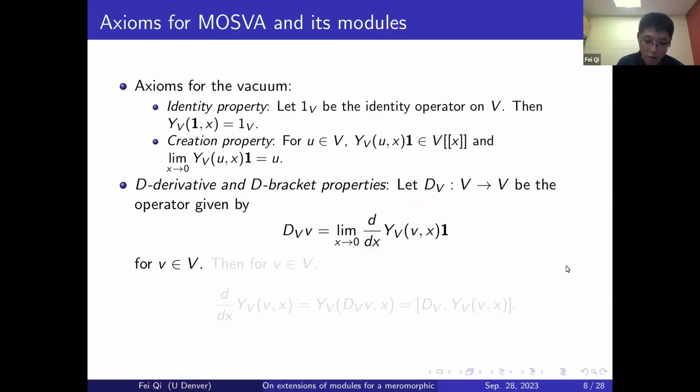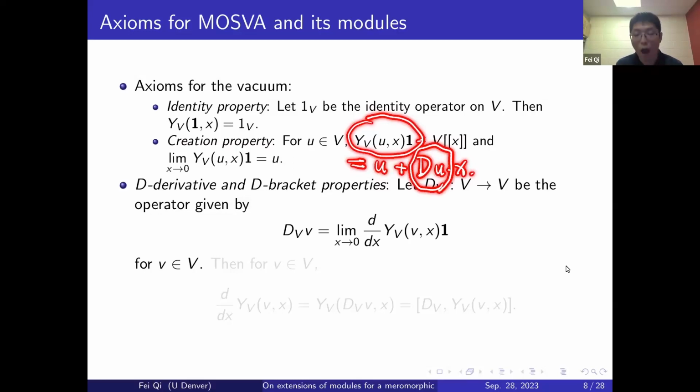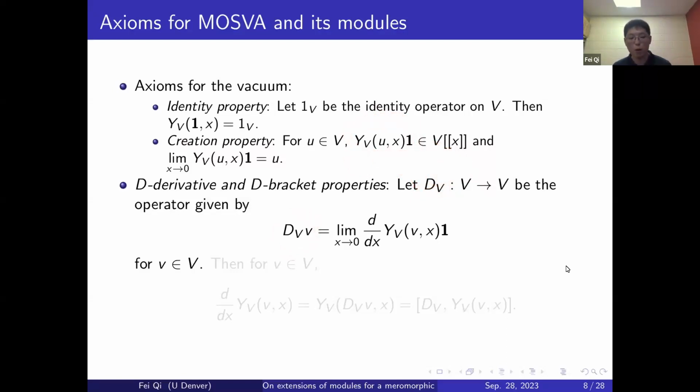If you expand this power series out, the first term is certainly going to be u, and the next term will be Du times x. We just pick the coefficient of x as the definition of Du for this capital D operator.